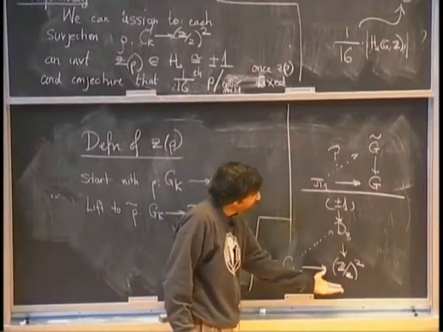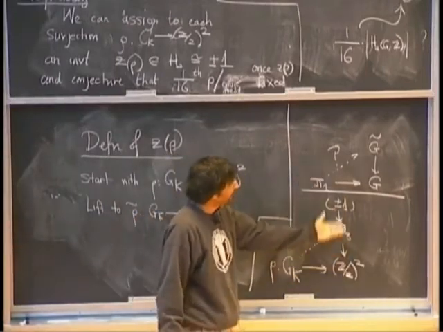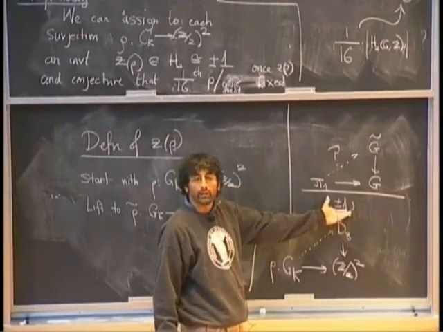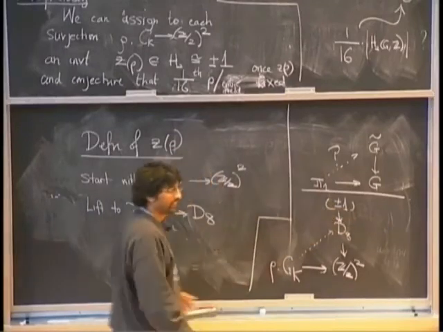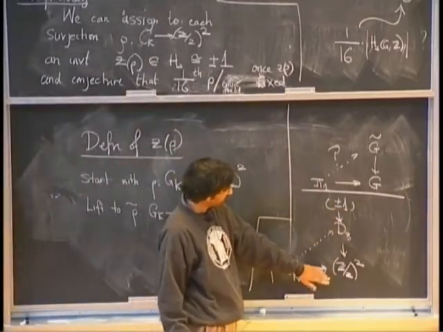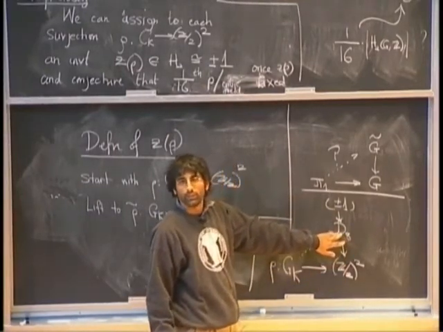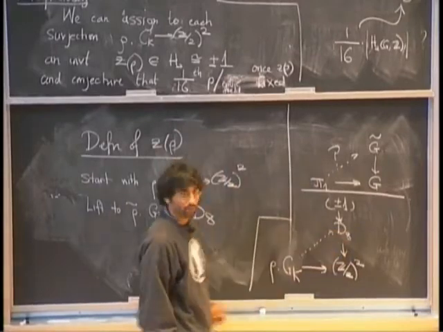The question of whether or not you can lift it is something in H2 of the Galois group with coefficients plus or minus 1. You can lift it as long as you can lift locally. More concretely, physically lifting this comes down to solving a bunch of quadratic equations, and if you can do it locally, you can do it globally.